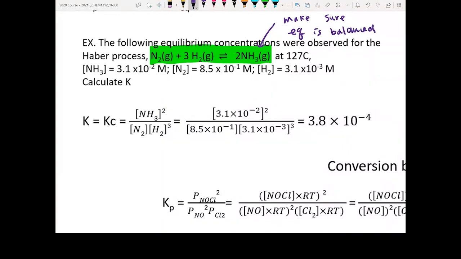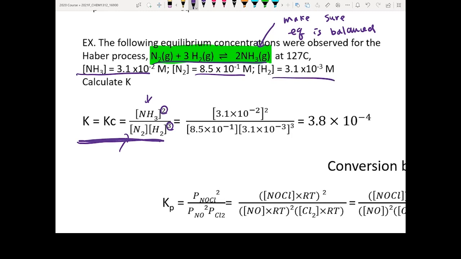Then you can write out your law of action. Product on the top, reactant at the bottom, each raised to the power associated with its coefficient. Then plug in the concentrations, and you get the correct answer for your equilibrium constant.